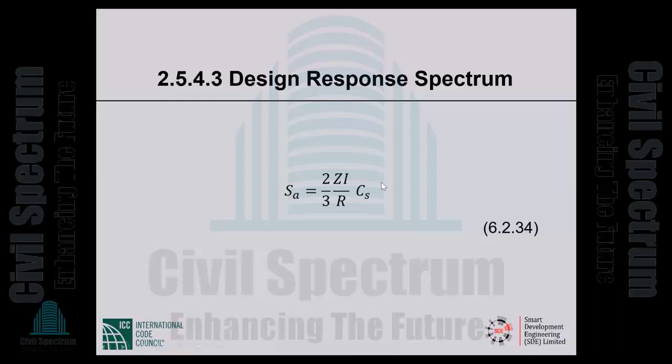The I over R is the same as in ASCE 7. We raise the elastic spectrum by I, lower it by R. The multiplication by Z is because C sub S is for site class A. The 2/3 brings the maximum considered earthquake spectrum down to the design spectrum, and the Z value makes it zone dependent.